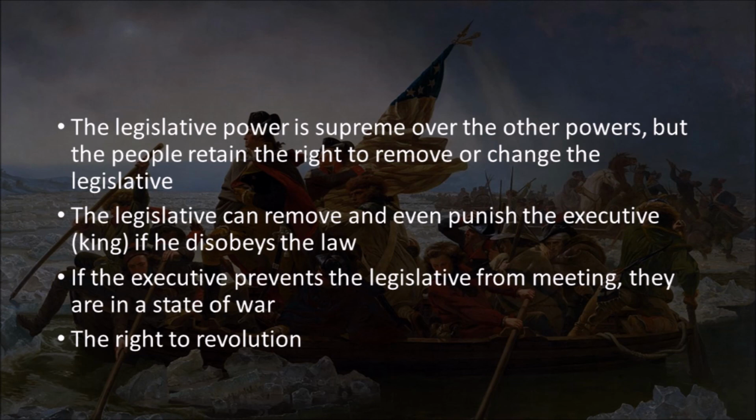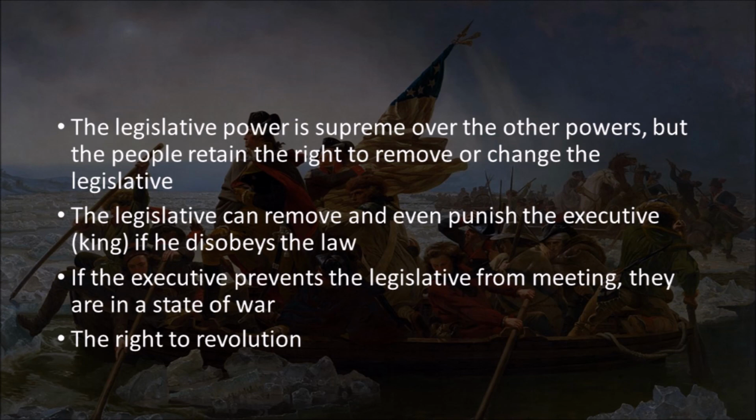And at that point, he says the people have a right to remove it, that is the executive power, practically speaking the king, by force. So here we have the right to revolution. It happens when the executive puts himself into a state of war with the people by not obeying the legislative power which was instituted by them.